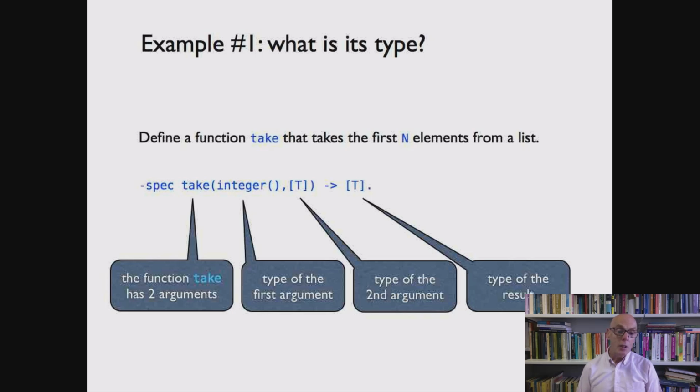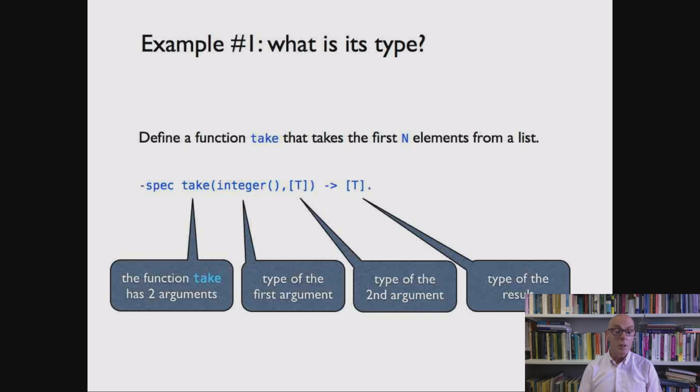The other thing we can do, Erlang allows us to write specifications of the types of functions. And those are directives that begin with -spec. And what we see then is something that looks like a function application, but instead of there being arguments there are types. And what this says is the function take has two arguments.